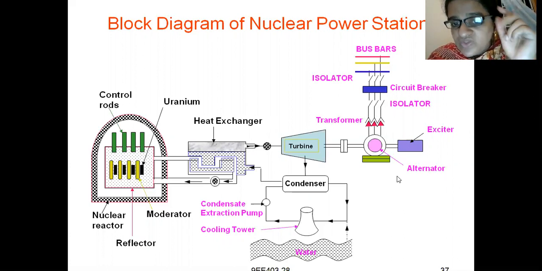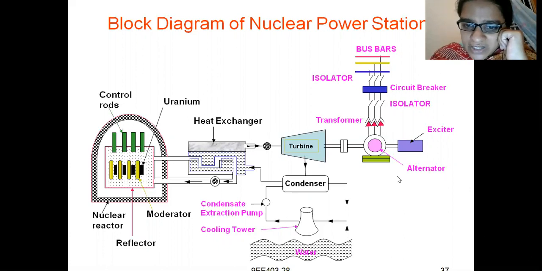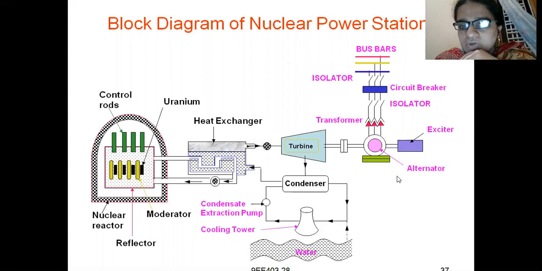Whenever this exhausted steam turns into liquid, the condensate extraction pump takes this condensate, and it will be circulated again and sent to the heat exchanger part of the nuclear power plant.